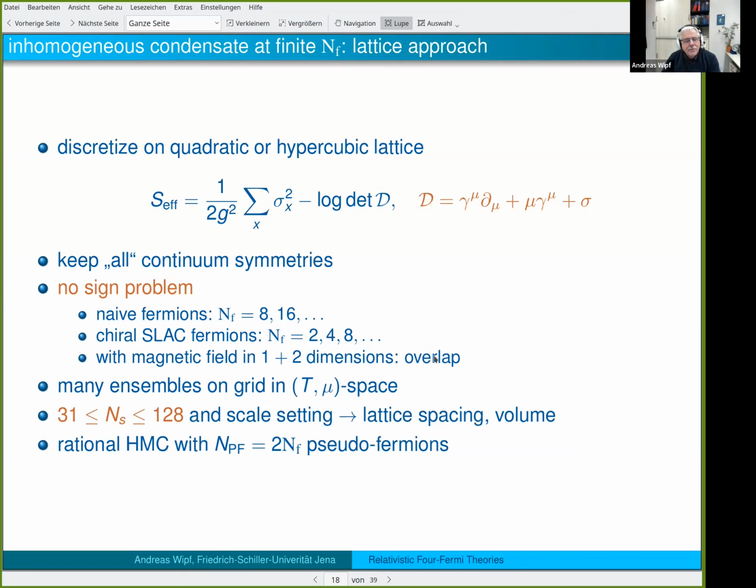And then you produce many ensembles on the grid, so in temperature and chemical potential space. You make finite size analysis, you make the continuum limit, and so on. So that's all standard. Important is really that you have chiral fermions, which means that the simulations are not that cheap. That was the reason we first spent some time in 1+1 dimensions.